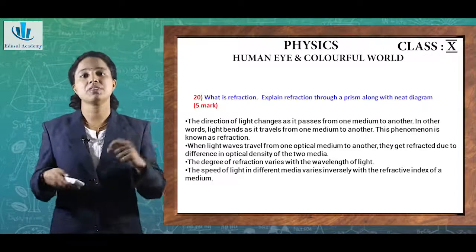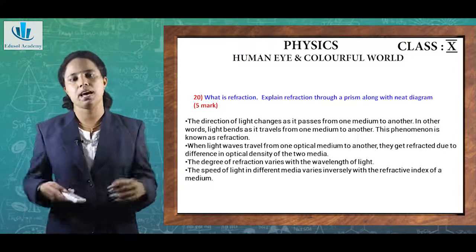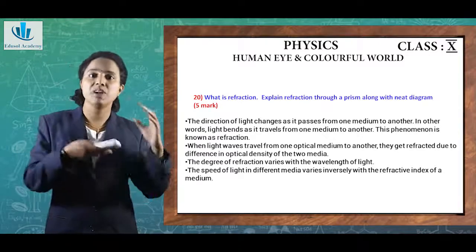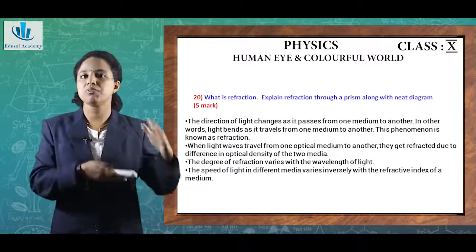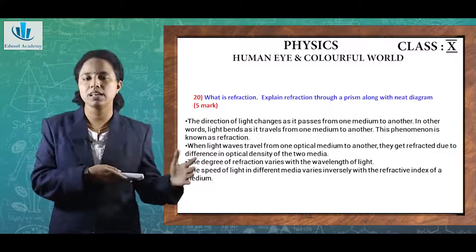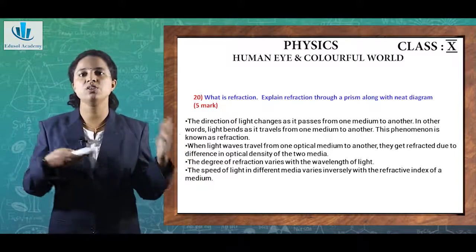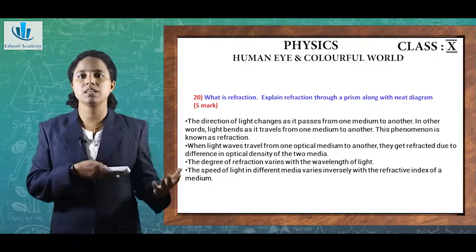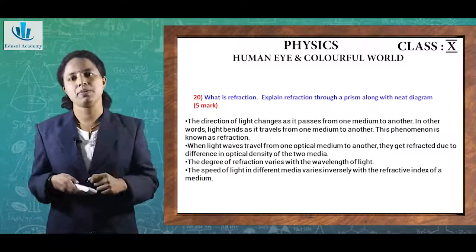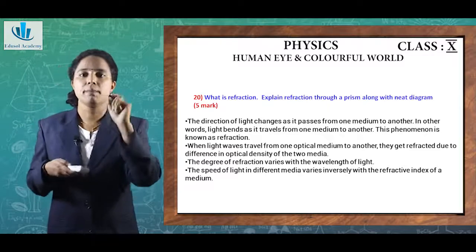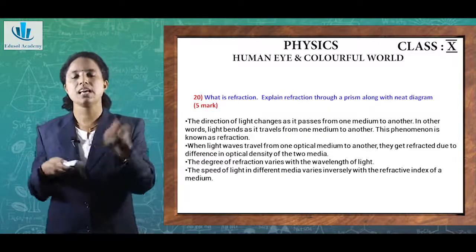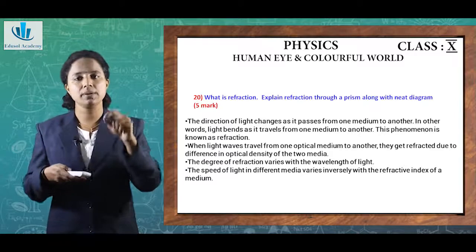Because there is a difference in optical density of the two media. So, the degree of refraction depends upon the wavelength of the light. For light of different wavelengths, the refraction also differs. The speed of light in different media varies inversely with the refractive index. For example, we have the main formula n equals c by v, where n means refractive index and v means speed of light in the medium.